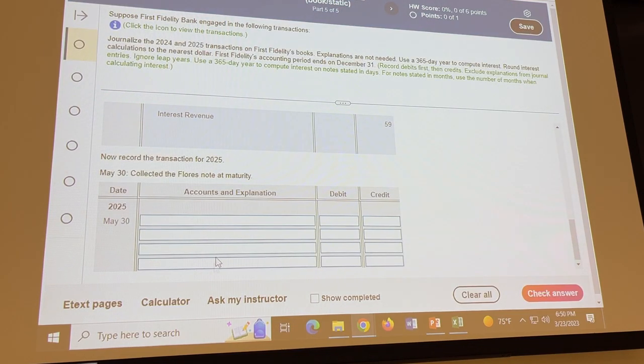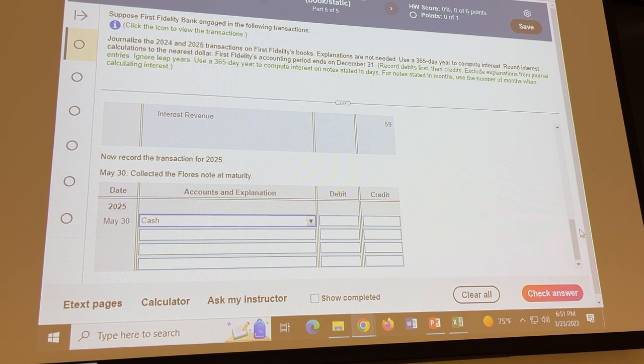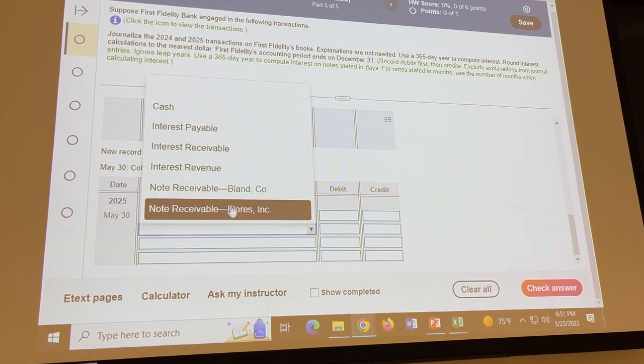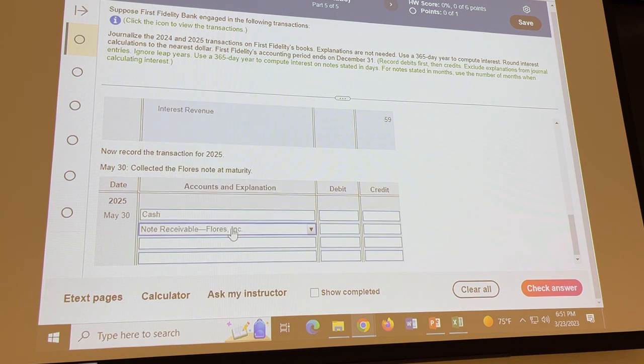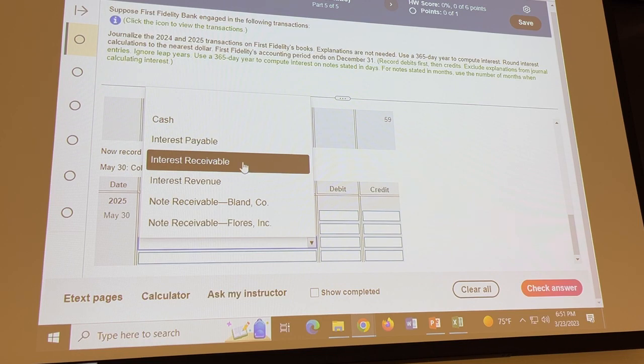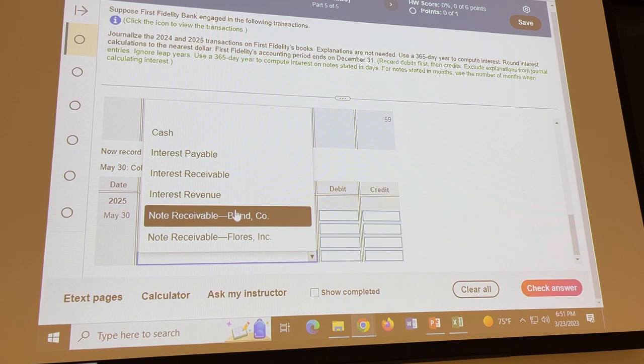Okay, then, on May 30th, they collected the Flores note at maturity. So we know the account that we're gonna debit is cash, and then this is one of those examples where there are gonna be three different accounts that we credit. One of them will be note receivable Flores Inc., one of them will be interest receivable, and one of them will be interest revenue.